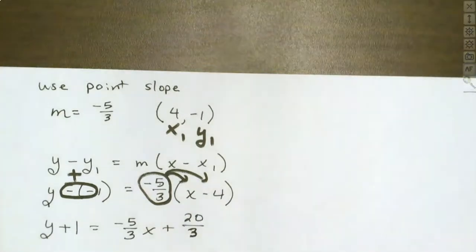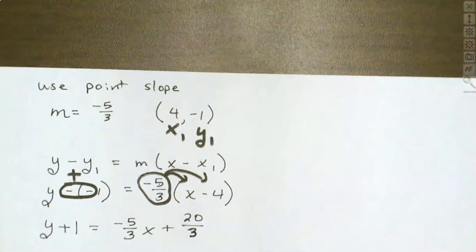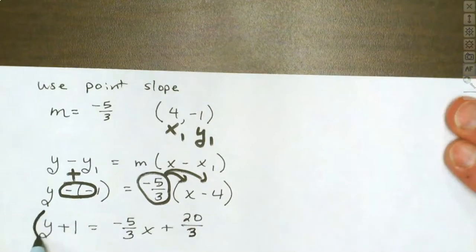So, in standard form, can we have a fraction? Nope, so we need to clear out our fractions, because we want this in standard form. And what standard form looks like? The x and the y are on the same side. So let's begin by clearing out our fractions. So multiply it all by 3.